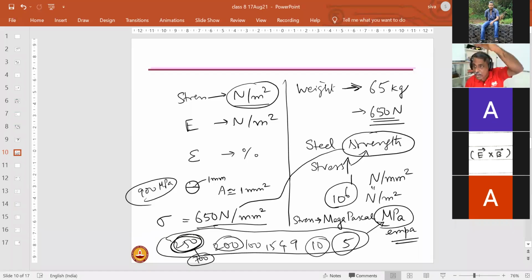Remember this wire, which you are not able to see properly unless I bring it as close as possible. This wire can sustain my weight. Think of it. That is how thin it is, and therefore I go for megapascals.